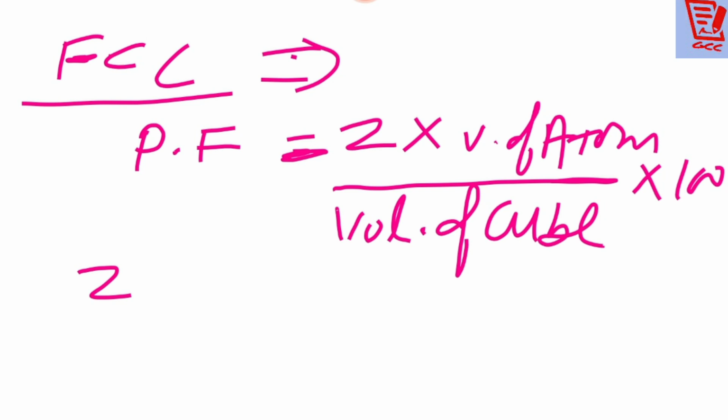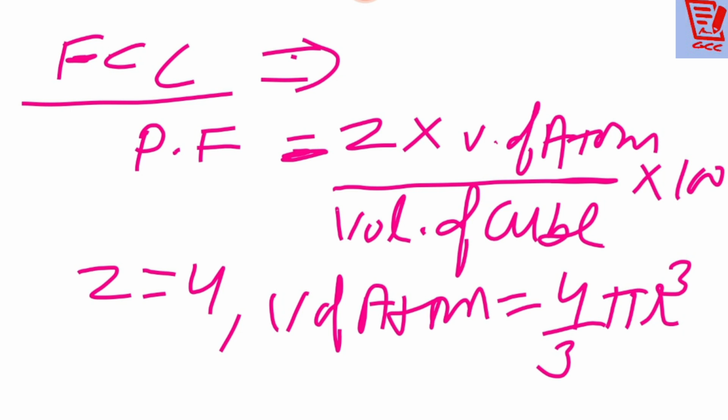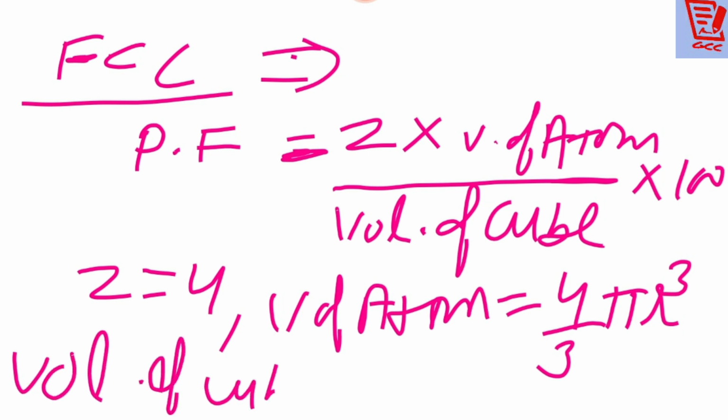You see, all of you, here the Z value is 4 because in the FCC the number of atoms is 4. Yes or no? And the volume of atom is 4 by 3 pi r cube, and the volume of cube is a cube. Is that clear?